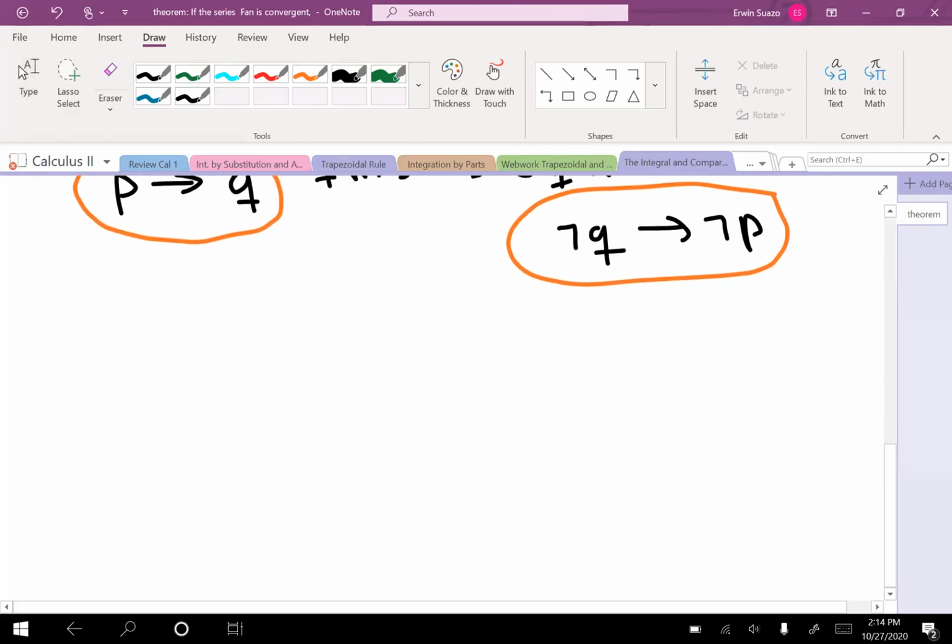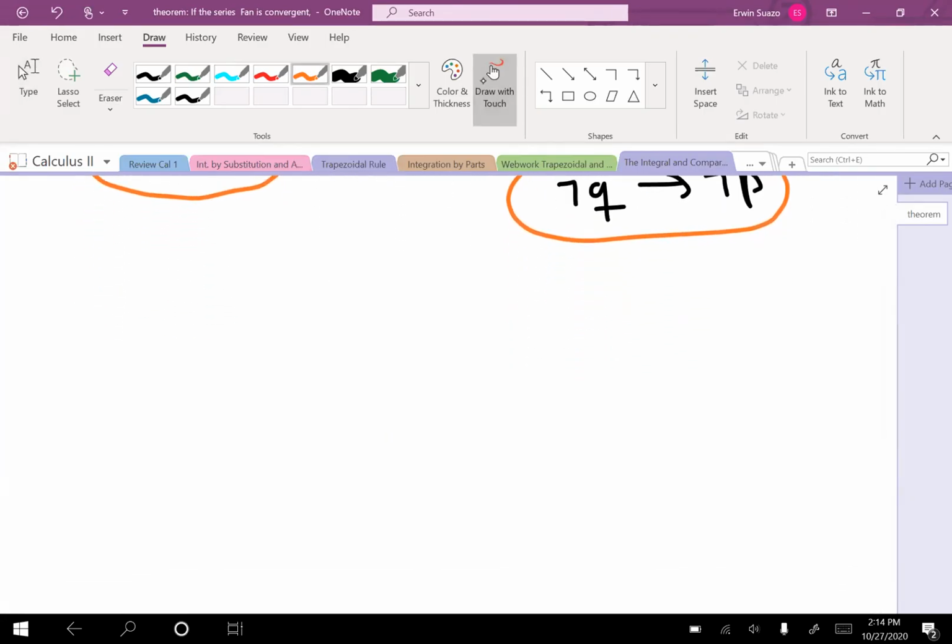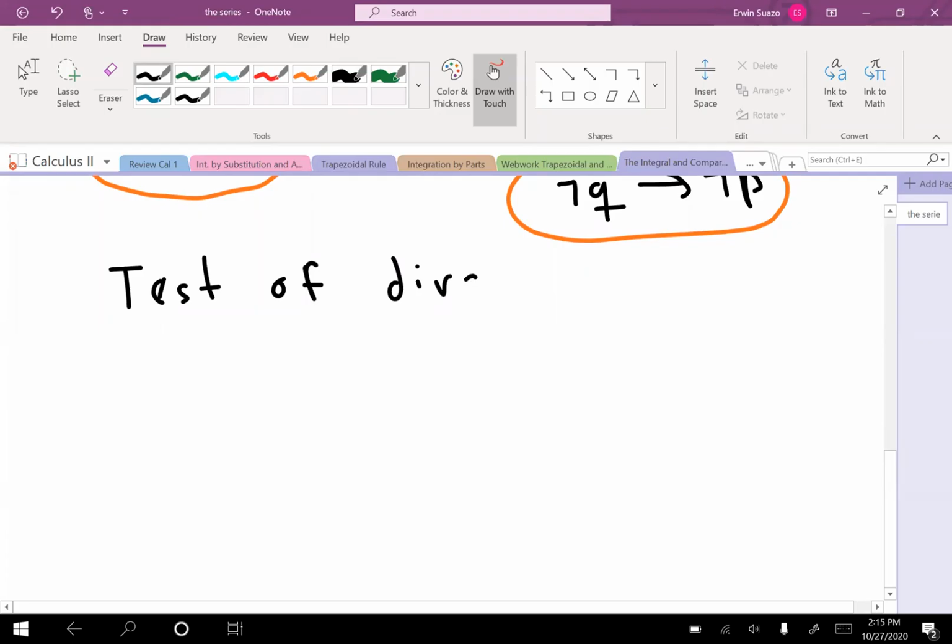And so let me give you the test for divergence. That is the negation of the statement that I gave you at the beginning. Test of divergence.